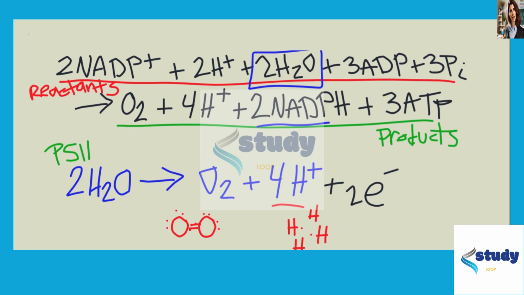Okay, so where is the source of the electrons? Well, it's from the breaking down of the water into oxygen and hydrogen ions, which leaves us with 2 extra electrons. And in fact, you'll see this equation written a lot of the times as if it was 1 water molecule.